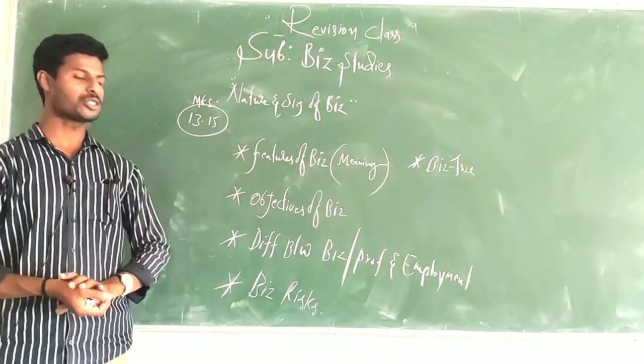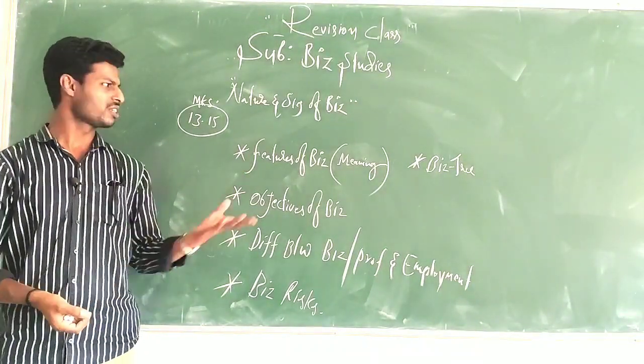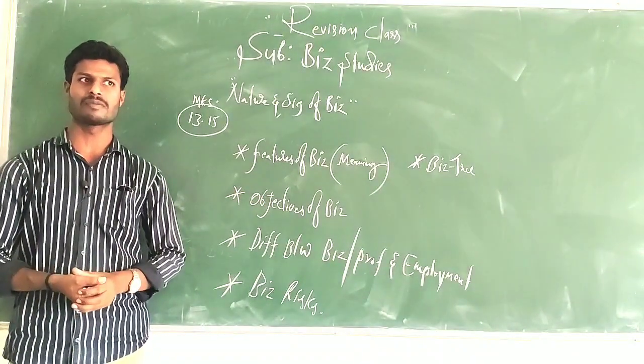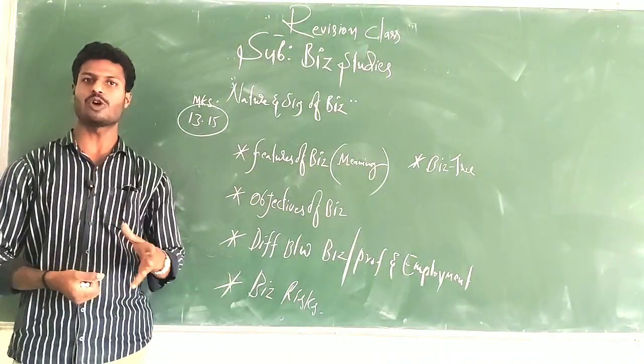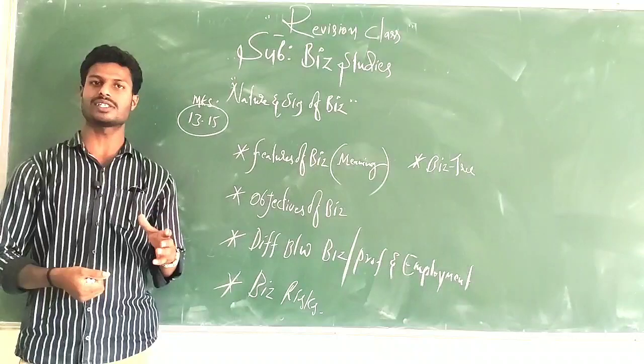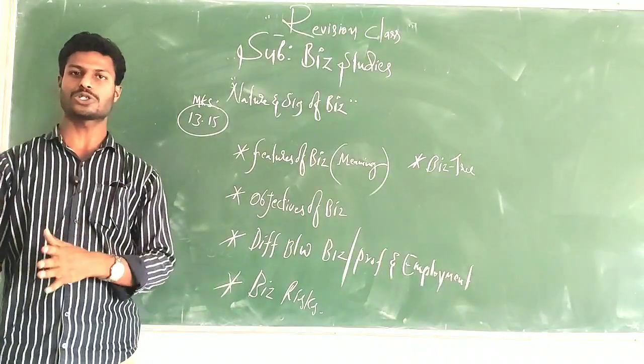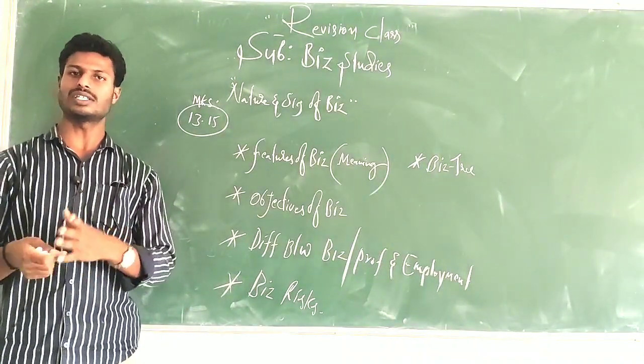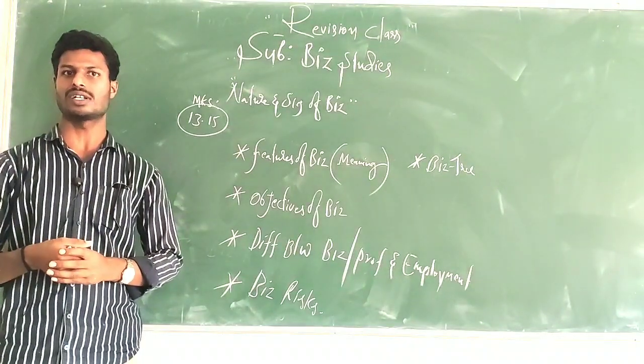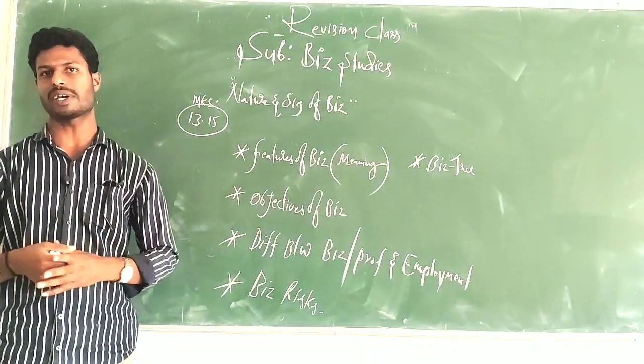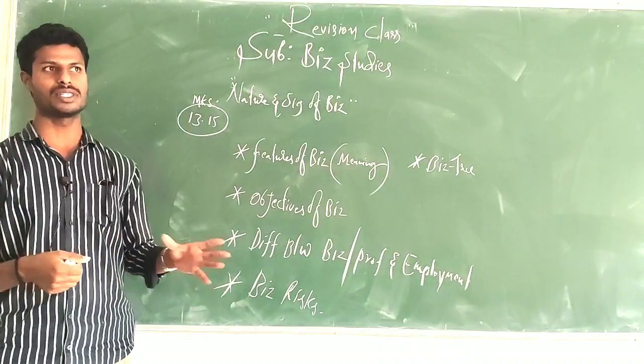Firstly, features of business and meaning of business. What is business? As we all know, an economic activity that deals with purchase of required resources, then production of products, distribution of products to the end user or the customers with the expectation of earning profit is called business.